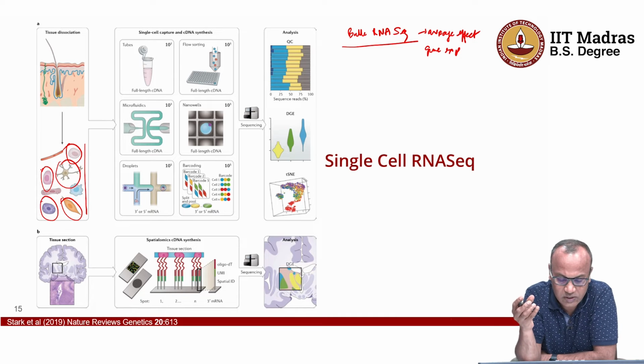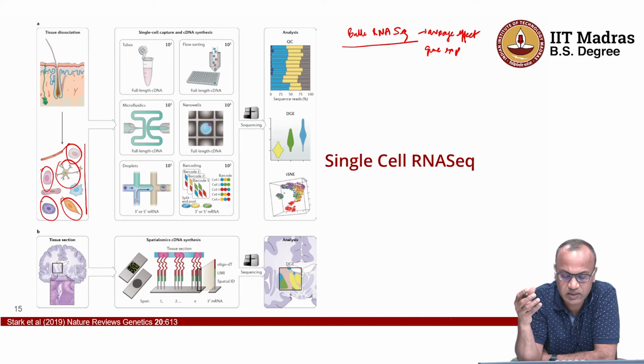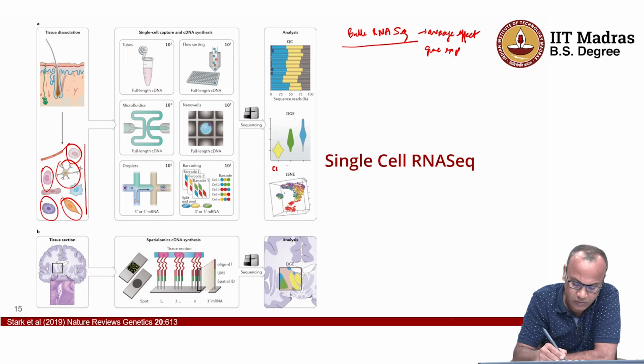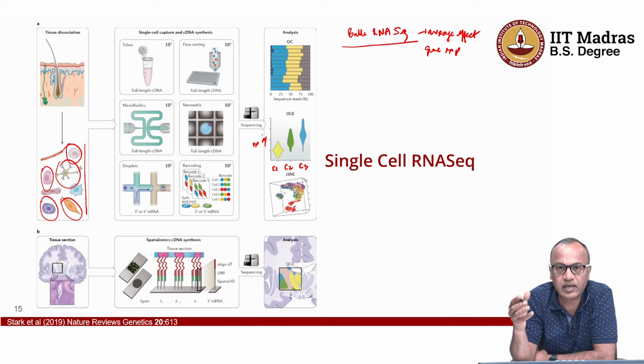When you do the sequencing, after you've done the QC and all those things, you will start seeing that gene expression levels change with the cell type. So for example, this is cell type 1, cell type 2, cell type 3, and this is gene expression, right? Certain cell types have higher gene expression, certain cell types have lower gene expression.